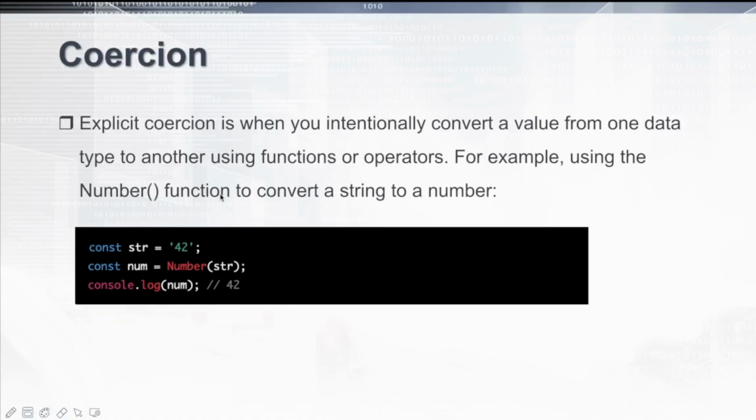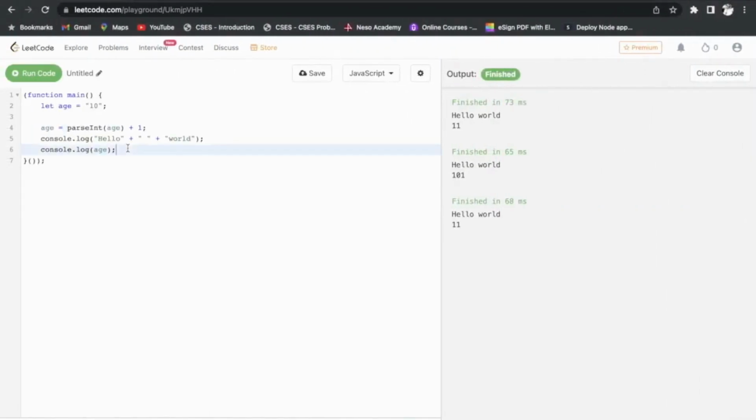There are times where you have to explicitly convert data into a particular data type, like in our previous example, where we had this age as a string, and in order to have it as a number, we use this function.